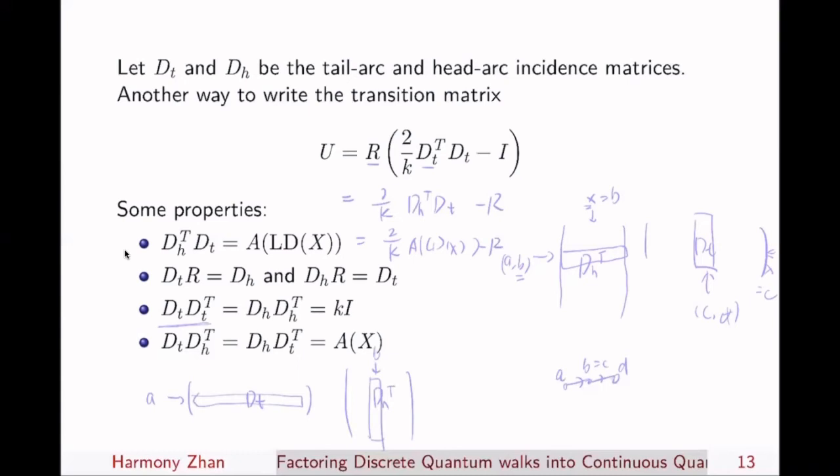And they will overlap in this position if x is equal to a and y is equal to b. So in other words, the (a, b) entry of this product is 1 if and only if a is adjacent to b. So that product coincides with the adjacency matrix of X. And you can switch the order and show that the other product is equal to that too.